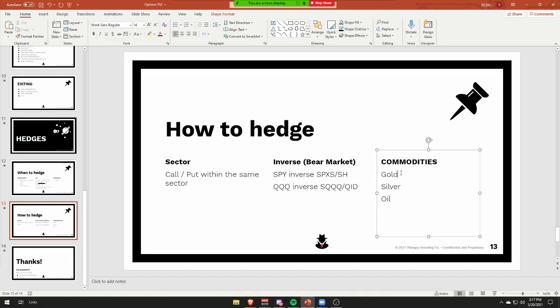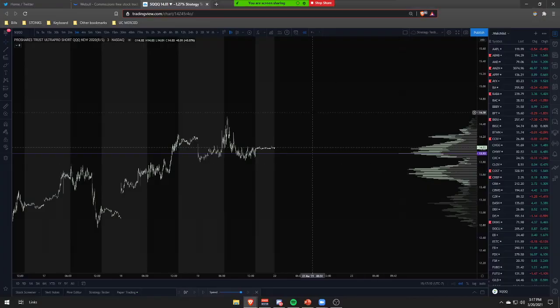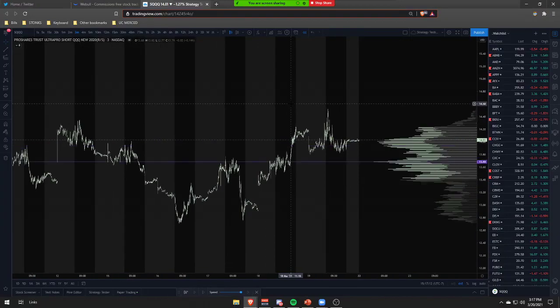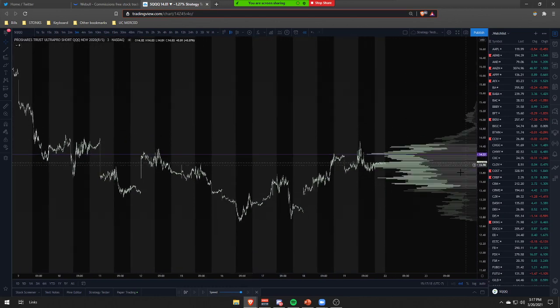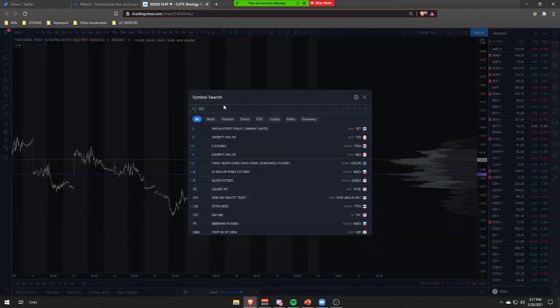Same thing with commodities. When nobody wants to hop into any index funds, or everyone wants to go liquid, or there's news of, let's say, the tech bubble, right? Everyone knows about the tech bubble nowadays. So you can technically move on to commodities. You have SLV.